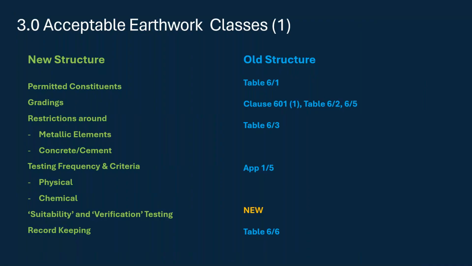Information from your site investigation upon which you initially classified material, decided it's suitable for this use and class, and it can go in this part of the site. And then your verification testing is when you're checking that it actually does conform to that original suitability assessment, and that it has been placed and compacted properly once it's gone in.